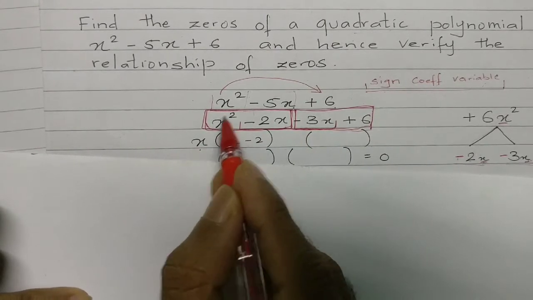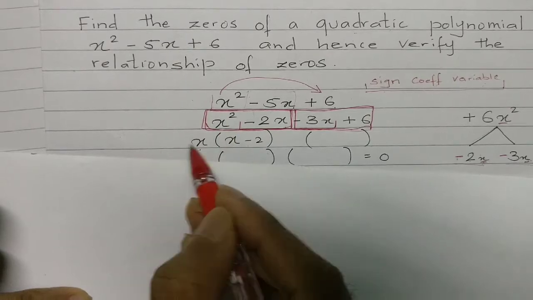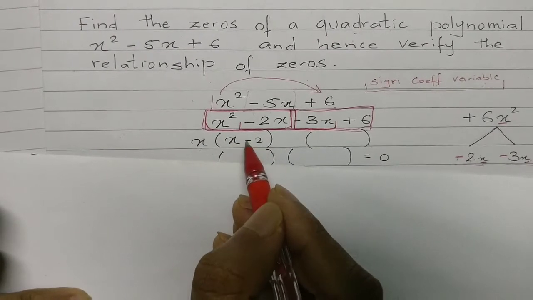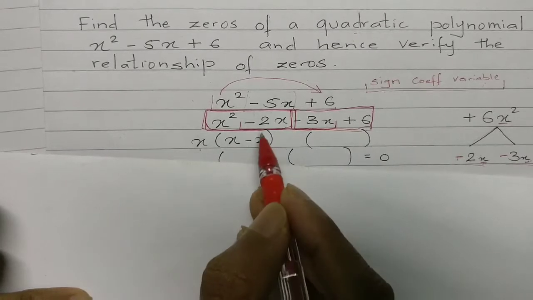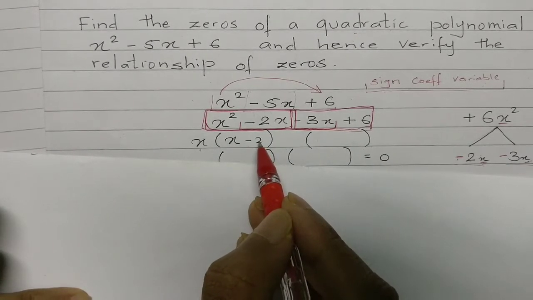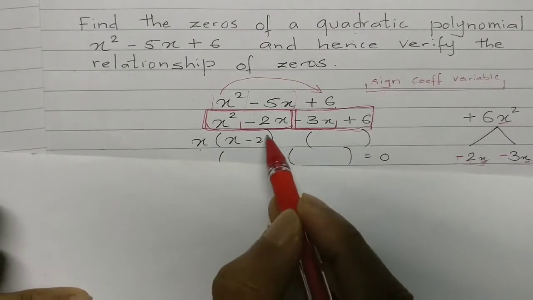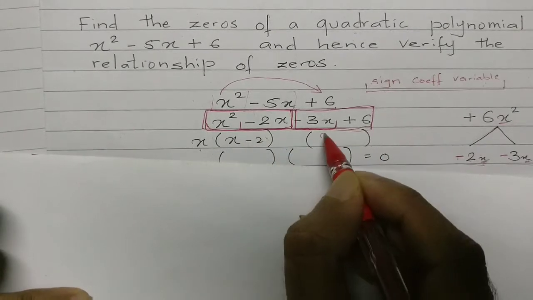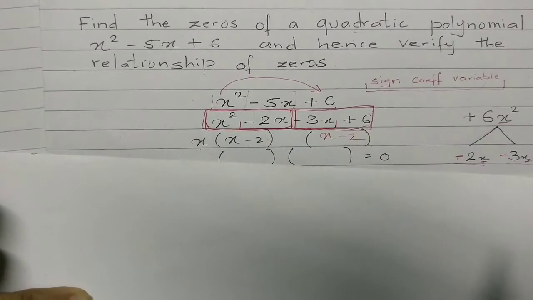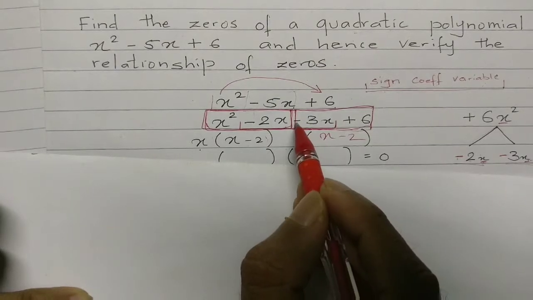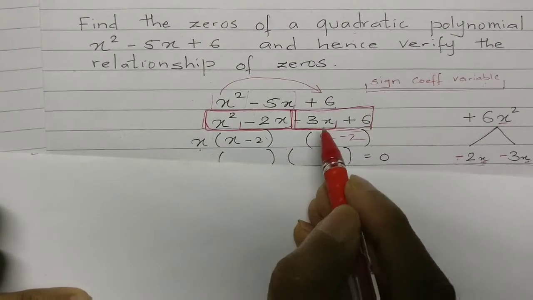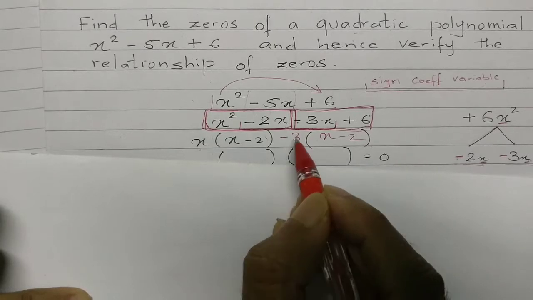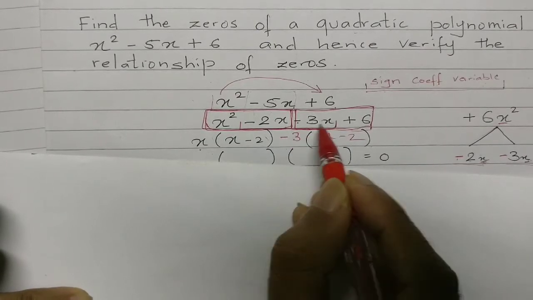If I take 1x out from these, what will remain? 1x will remain, minus 2, since this x is already taken out. And once you get this bracket, write exactly the same bracket over here. So x minus 2 I will write again. Now I need minus 3x. So all I will do is write minus 3 over here, because if I open this up, minus 3 into x is minus 3x.